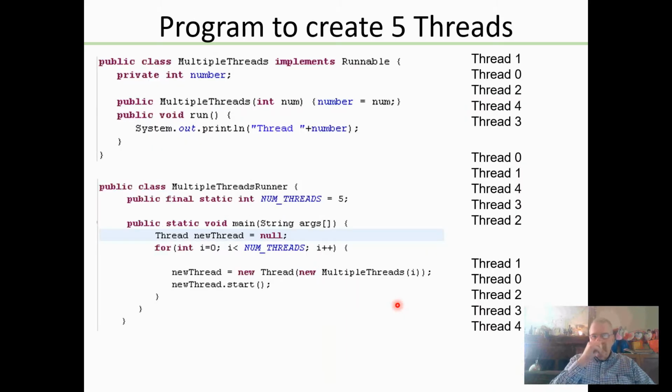Here's another example of 5 threads. In this case, it's run inside a for loop, or here's the for loop. And there are at least 3 different orders that are shown here.